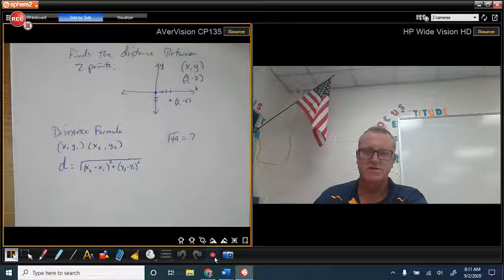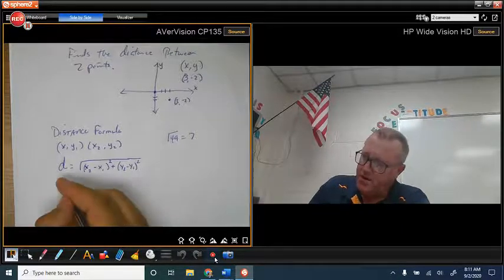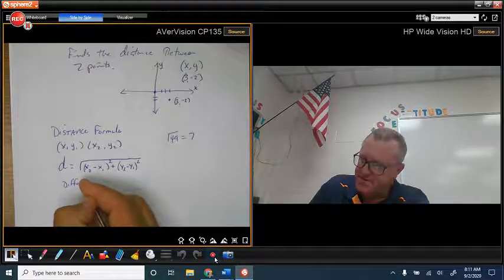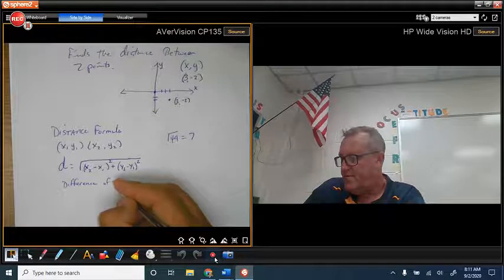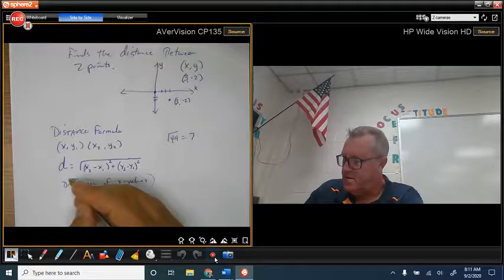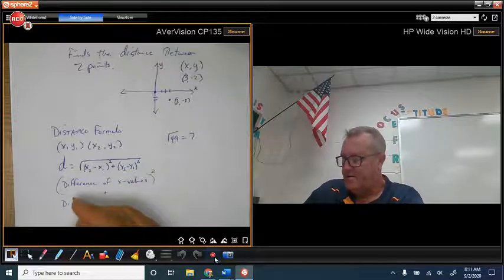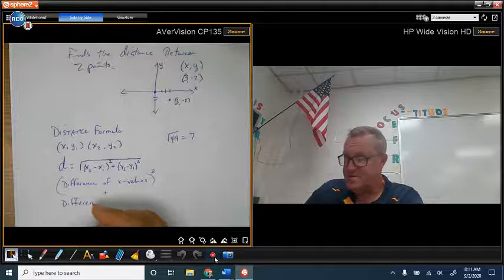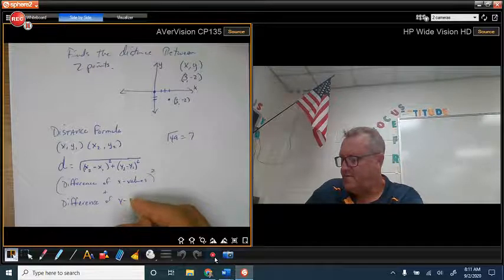And so you just basically take the difference of the x values, and I'll say this a lot, and you square it, and you add to that the difference of the y values.